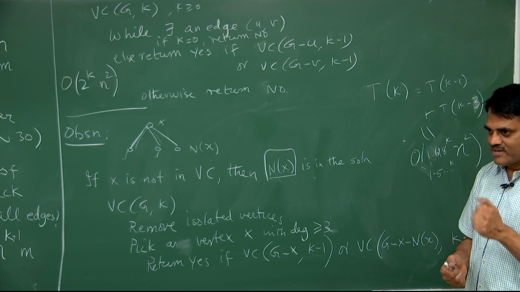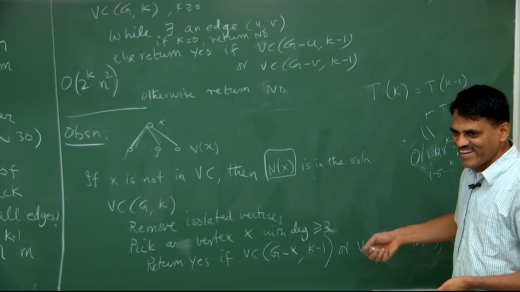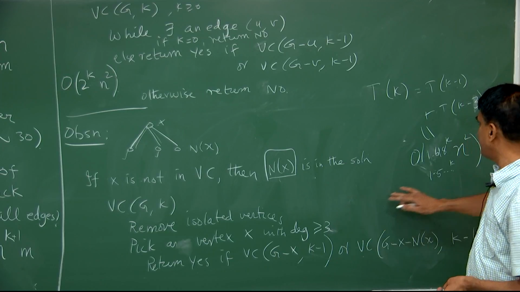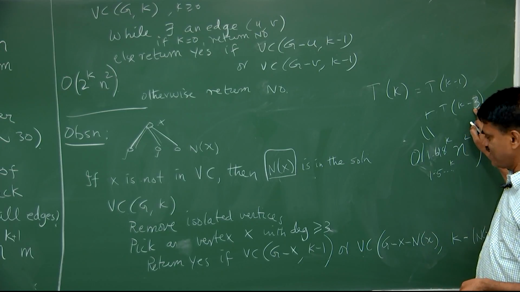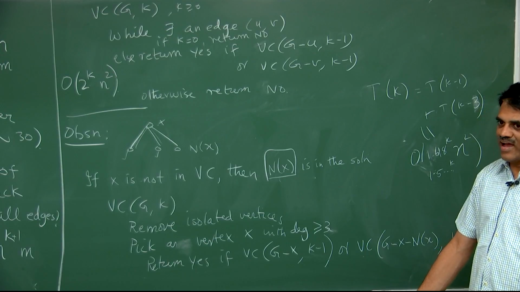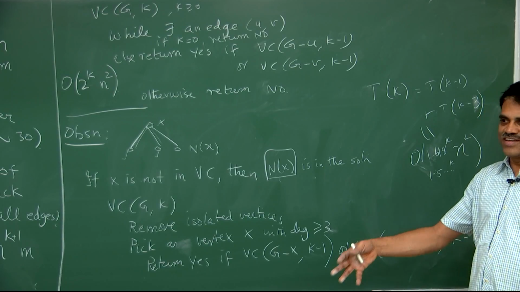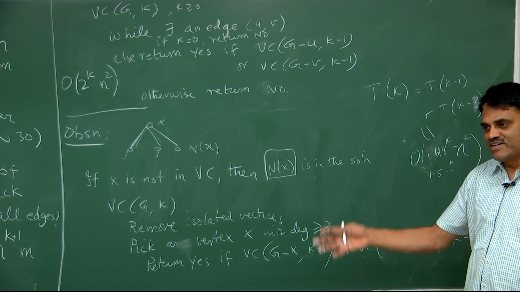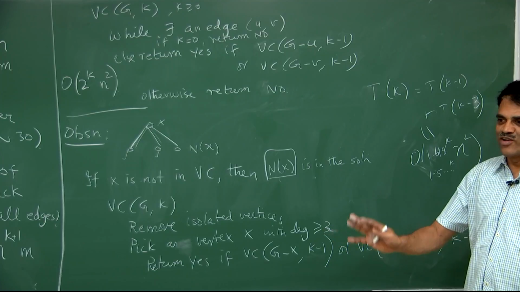Can I do this again and see? If I do this for 4, I am going to do much better here. But what is the tail condition? I am left with a graph where every vertex has degree at most 3. Unfortunately, vertex cover is NP complete even on such graphs.